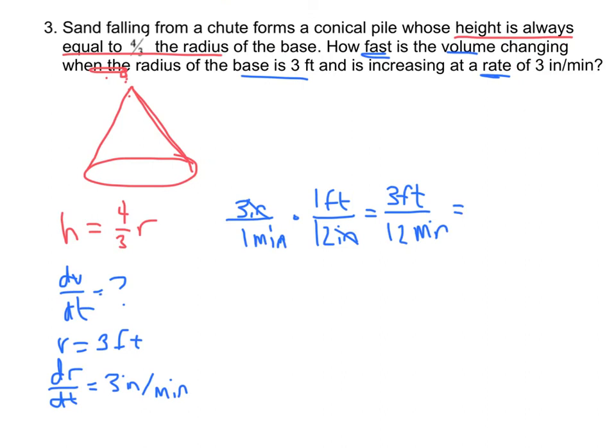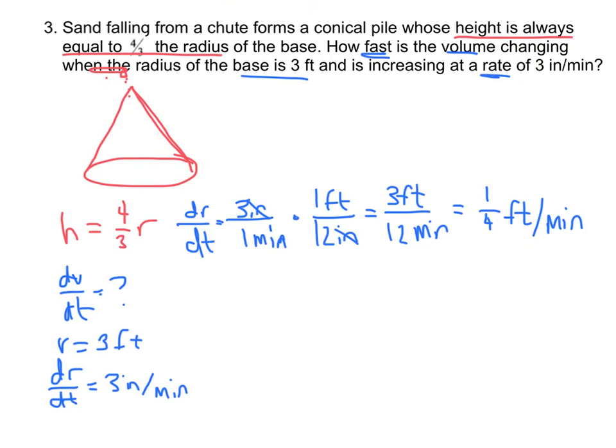Or that could simplify to 1/4 foot per minute. So 3 inches per minute is the same as saying 1/4 of a foot per minute. And that's my dr/dt.